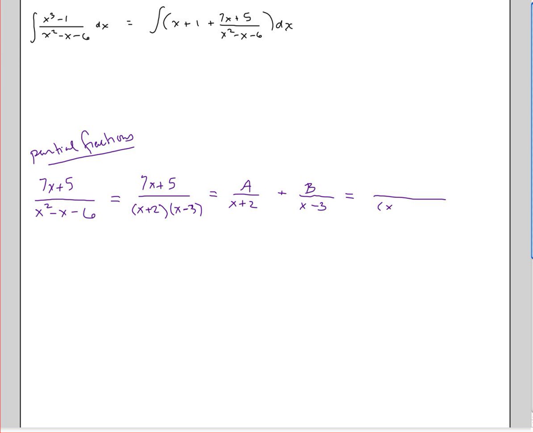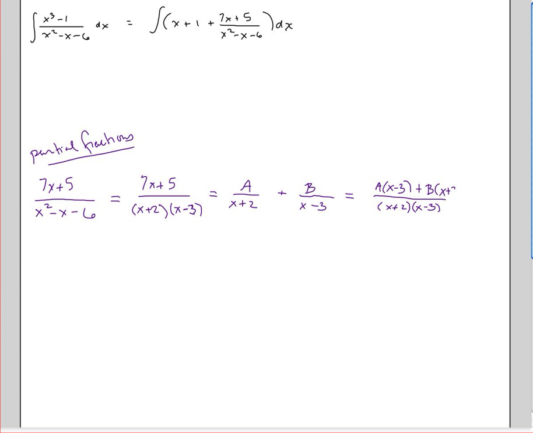Okay, x plus 2, x minus 3. And how do I find that common denominator? Well, I multiply numerator and denominator of the first one by x minus 3, so I get a times x minus 3. And I multiply the numerator and denominator of the second term by x plus 2, so I get b times x plus 2.